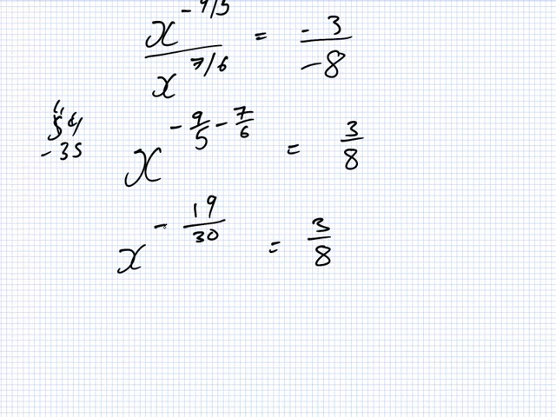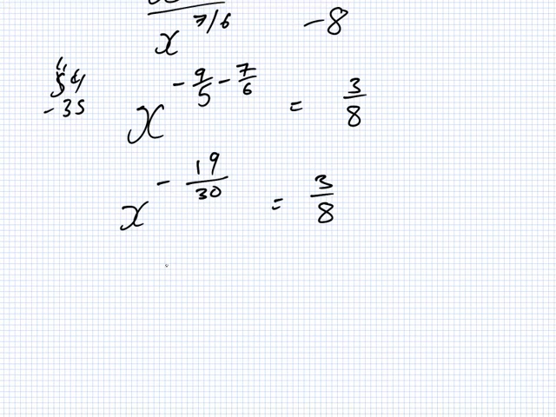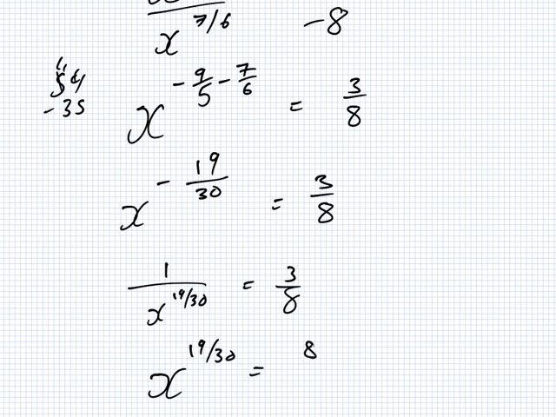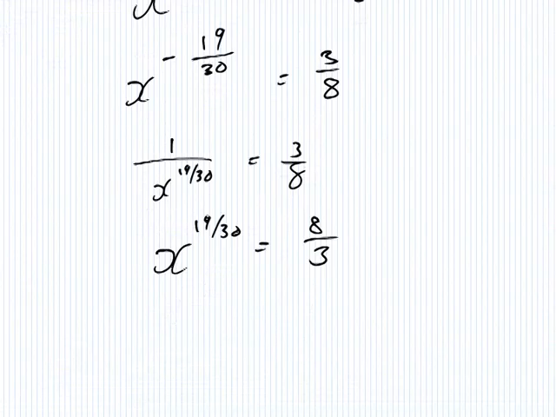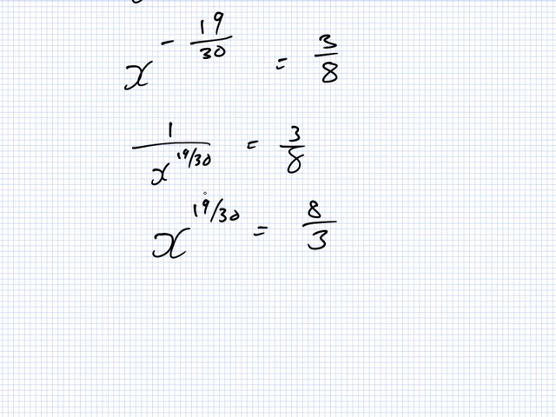I don't like the minus here, so what I can do is I can say that this is 1 over x^(19/30) equals 3 over 8. If I rearrange this, I get x^(19/30) equals 8 over 3. Getting closer to the answer, but I don't like the 19 over 30.